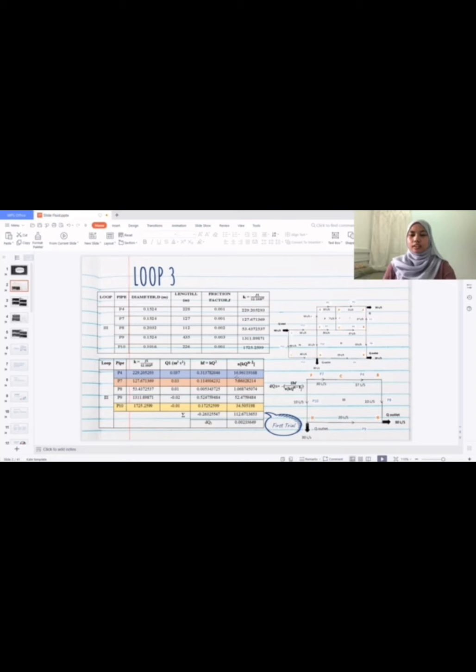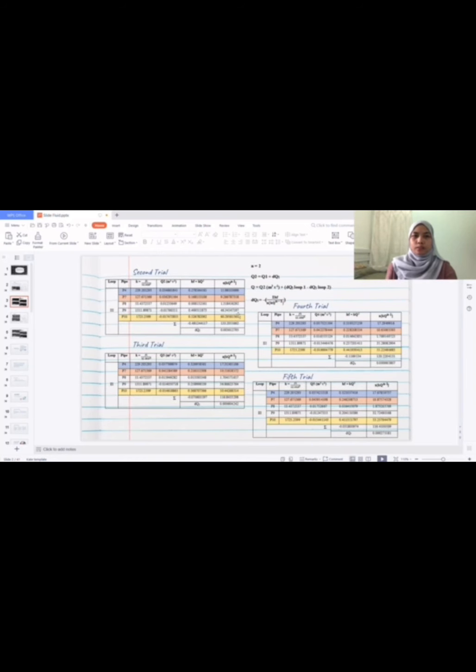The value of N is 2, and after that we need to calculate the total of these two formulas, and then we can get the total of dQ, which is the total of HF divided by the total of N times K times Q power of N minus 1. So we get 0.002333649.